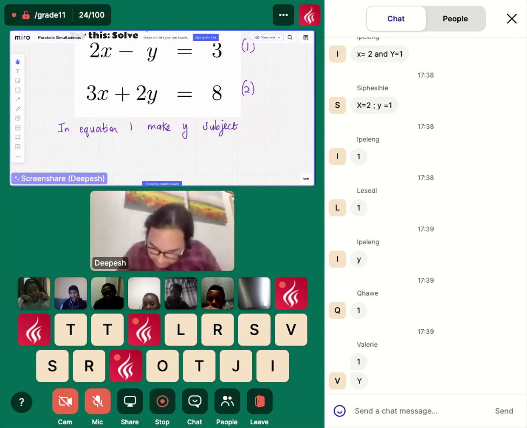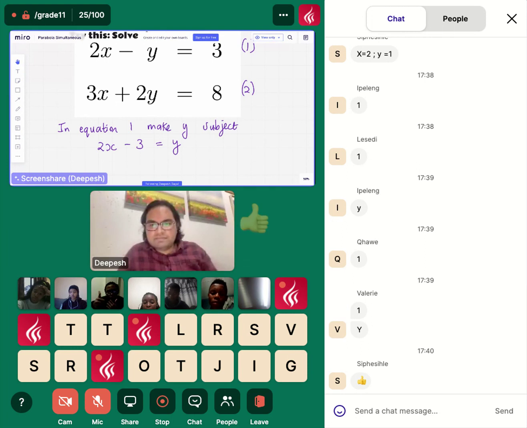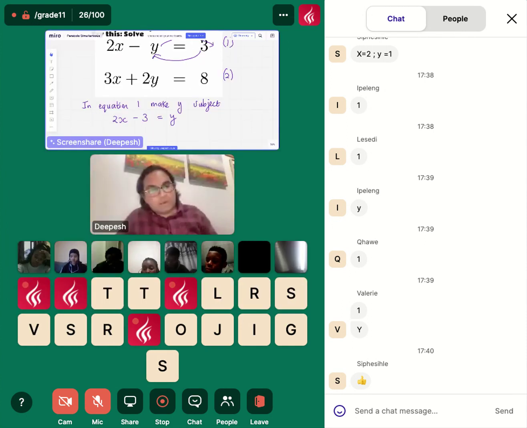So 2x minus 3 equals y. Is that okay? Because it's a minus y, it's nicer to take it to the side where it's going to become positive. So we get y equals 2x minus 3.